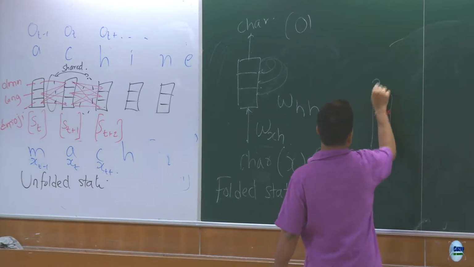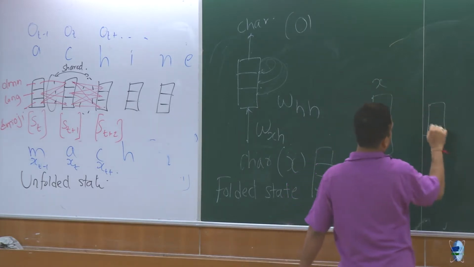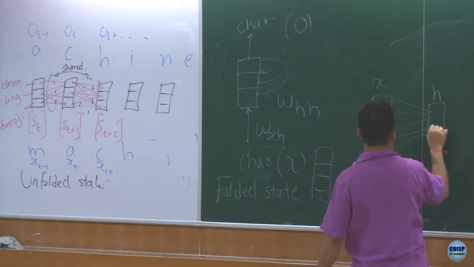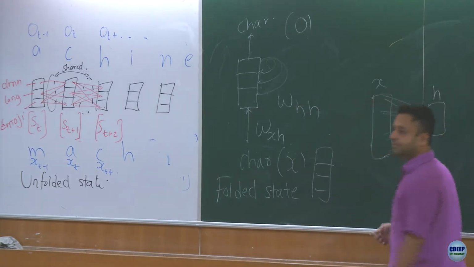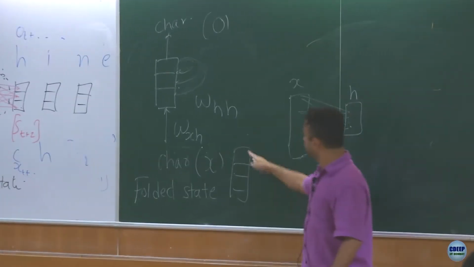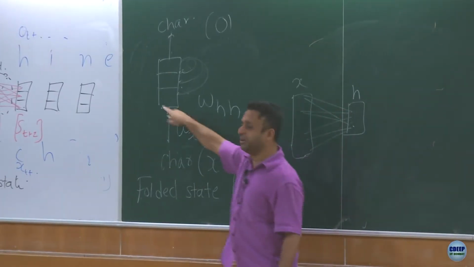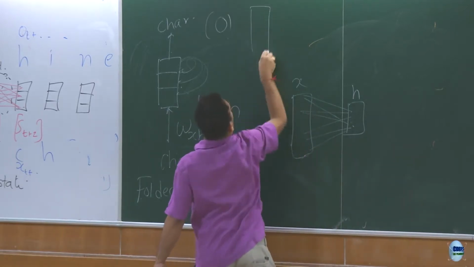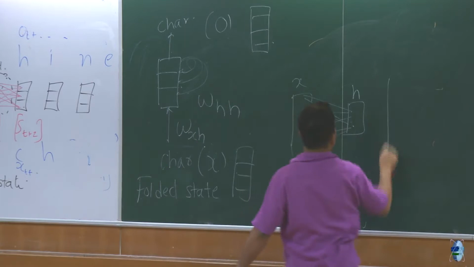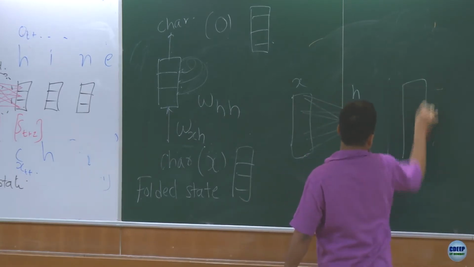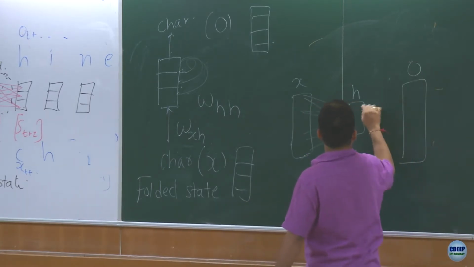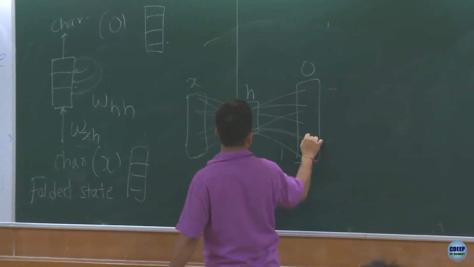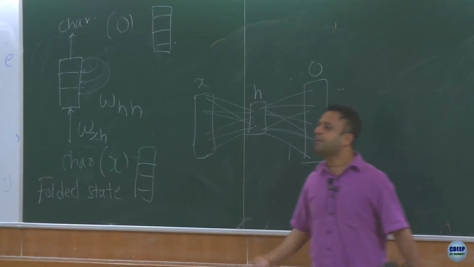You have X, you have H, and this could be fully connected, so every bit here can interact with every bit here. Likewise for the output, I could have a one-hot representation and a fully connected network. That is a possibility.